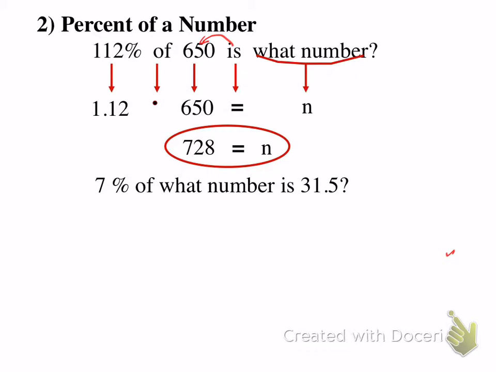This is your is. No, sorry. This is your of. See, I get mixed up on that is over of. Okay, your of has got to be this. The is has to go with this, and here's your percent. Is over of equals a percent over 100. Another way to think of that is the part to whole, part to whole.